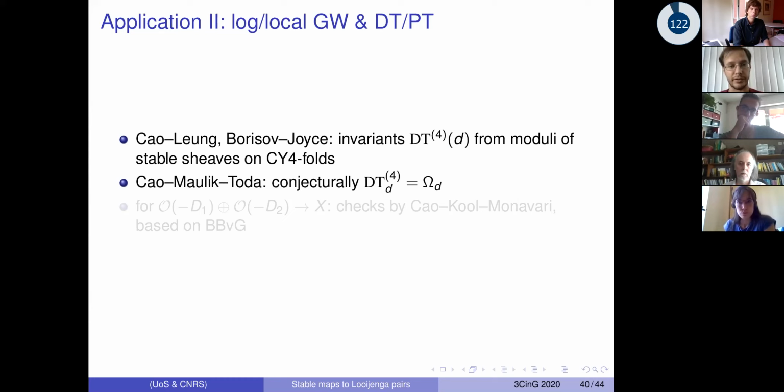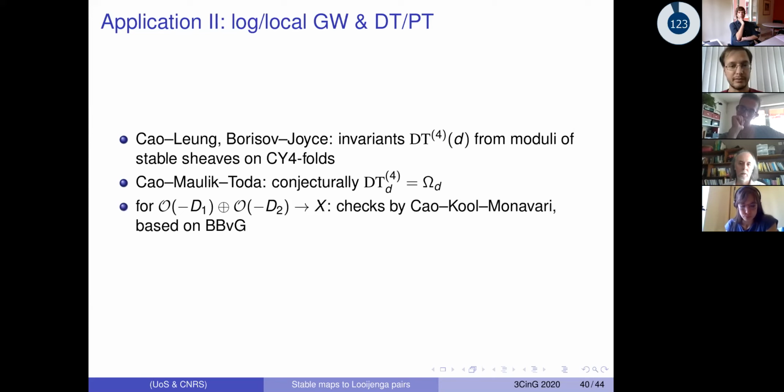And conjecturally, it was put forward by Cao, Maulik, and Toda some 2 years ago that these invariants should be the same as the BPS invariants defined by the multi-cover formula, so the Klemm-Pandharipande invariants.